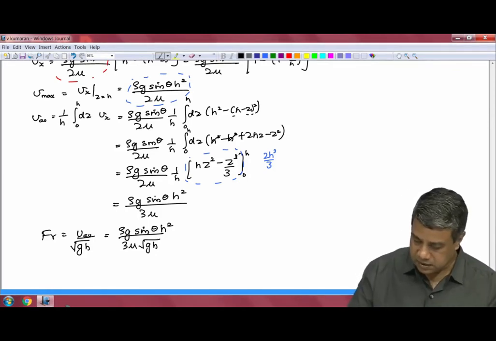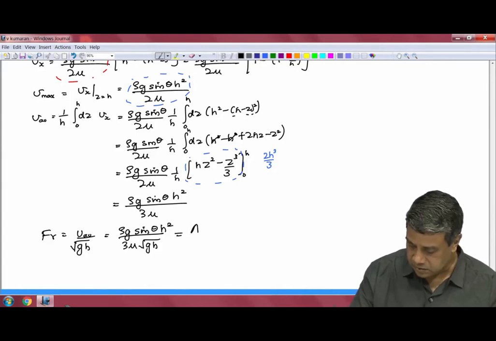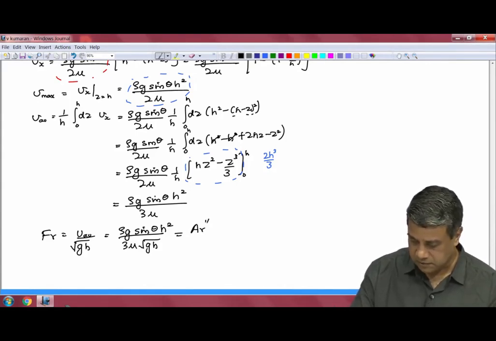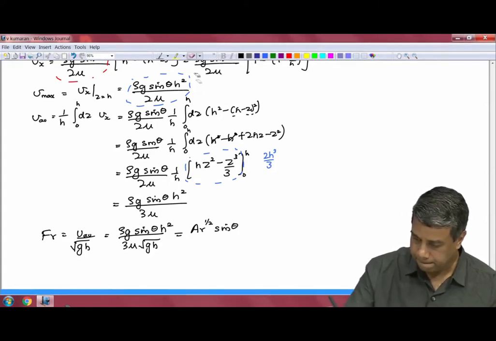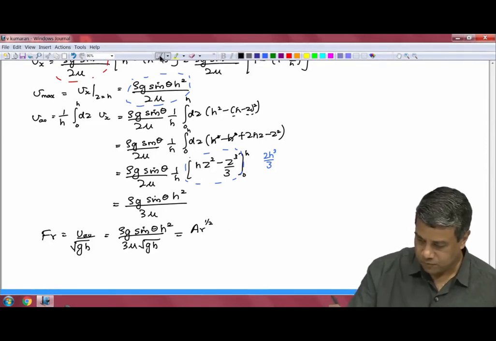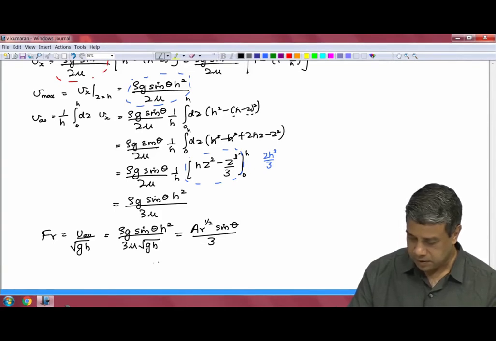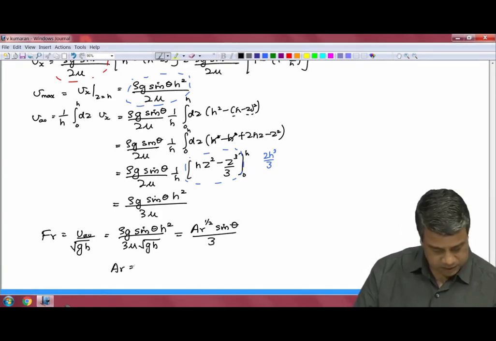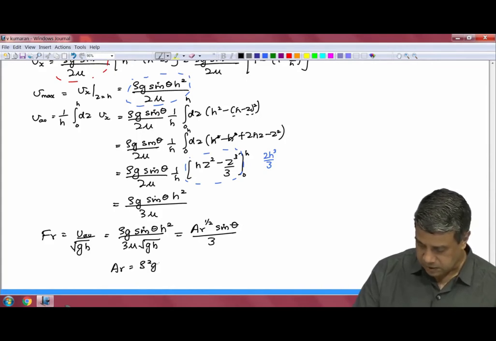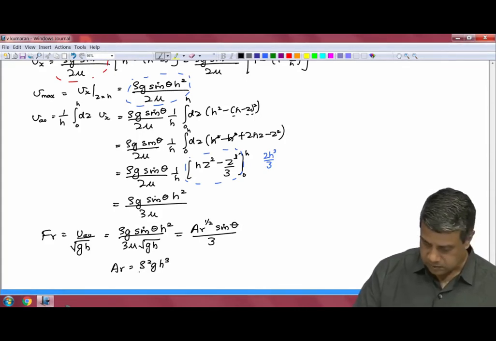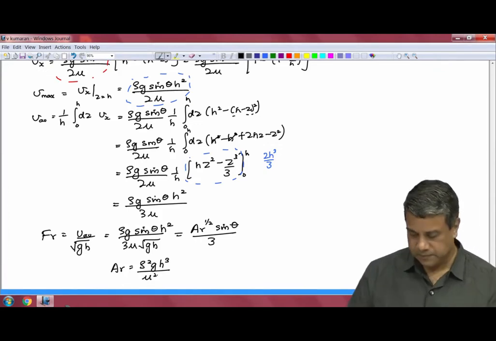And this I can write as a dimensionless group, the Archimedes number to the half power times sin theta by 3, where the Archimedes number is defined as rho squared g h cubed by mu squared.